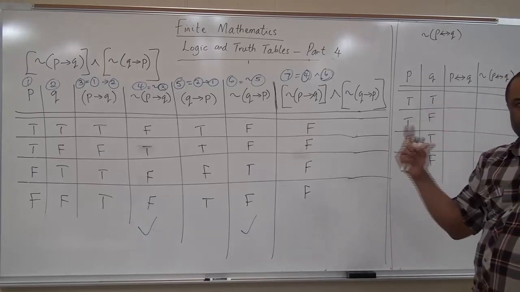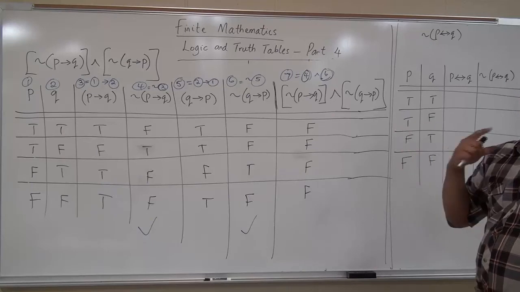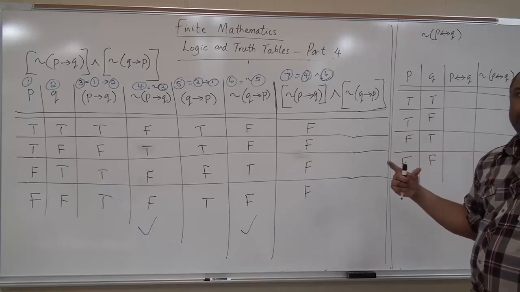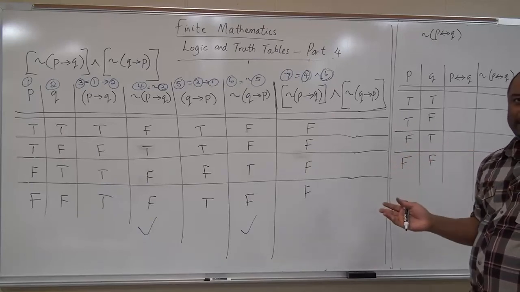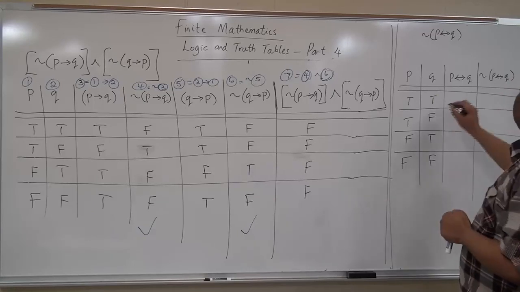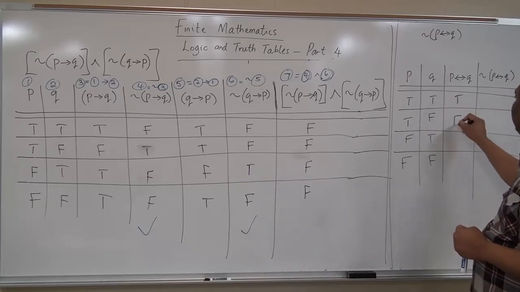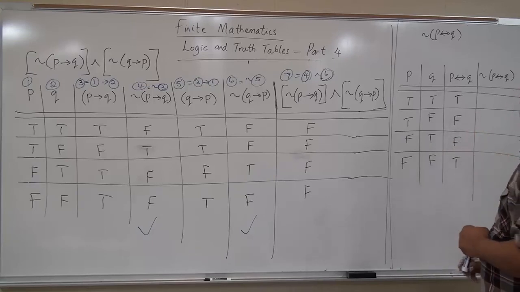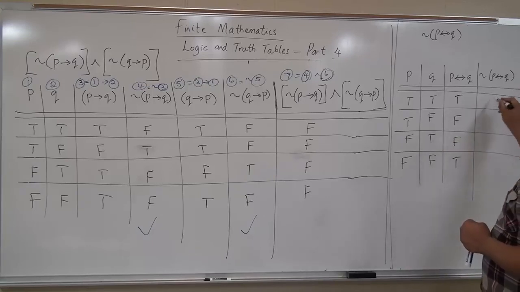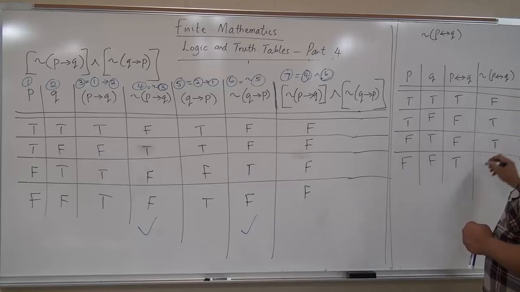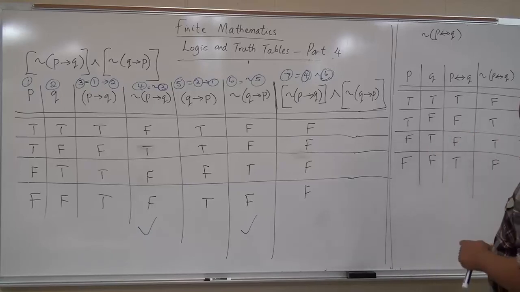In biconditional, it is true when both of them are true or both of them are false. Otherwise, it is false. True if and only if true is T, this is F, and this is T. The negation of T is F, negation of F is T, negation of F is T, and negation of T is F.